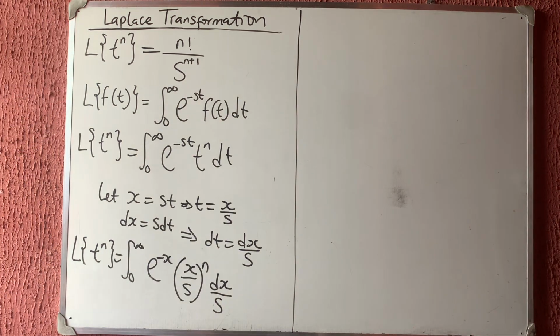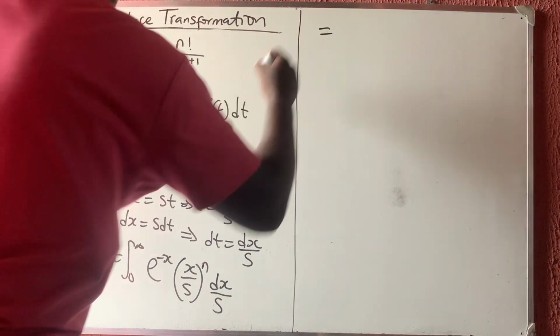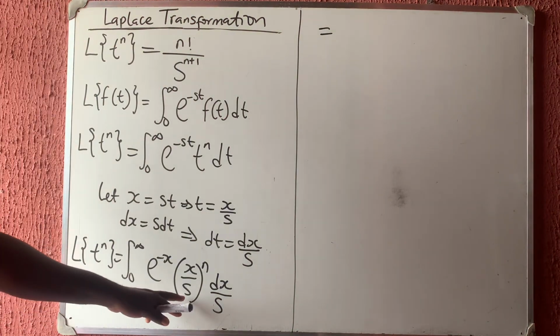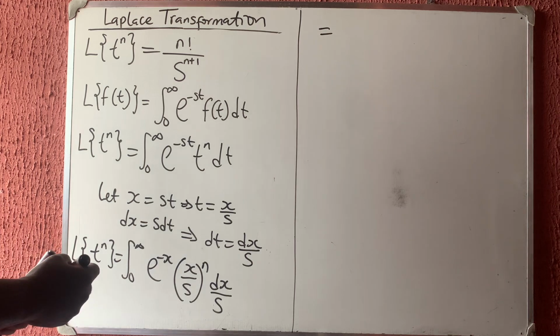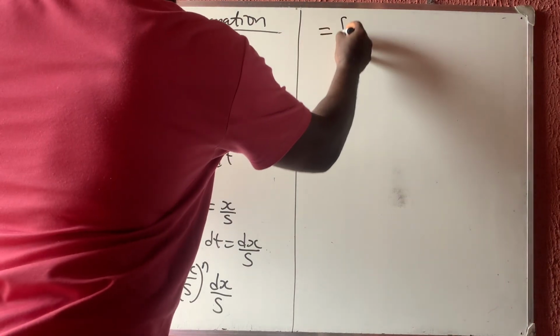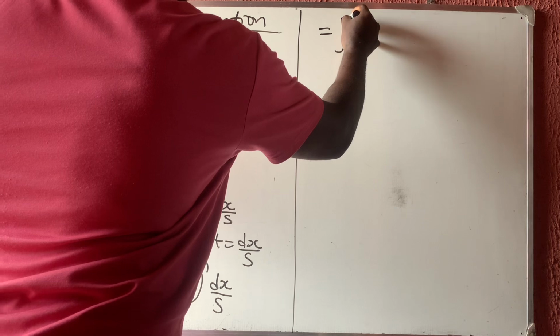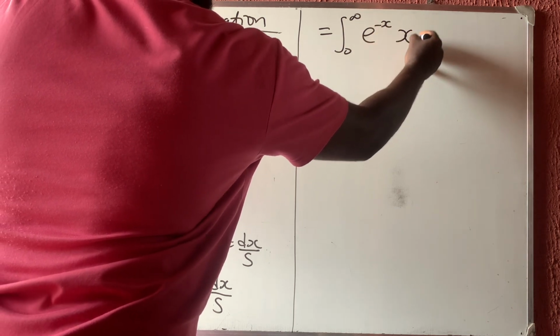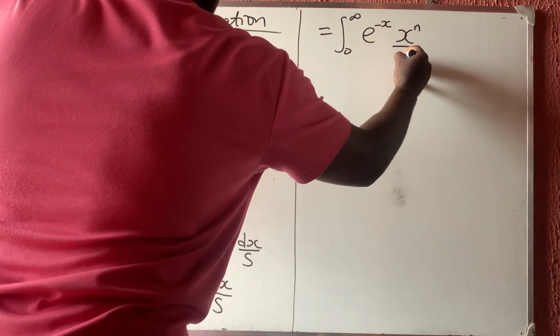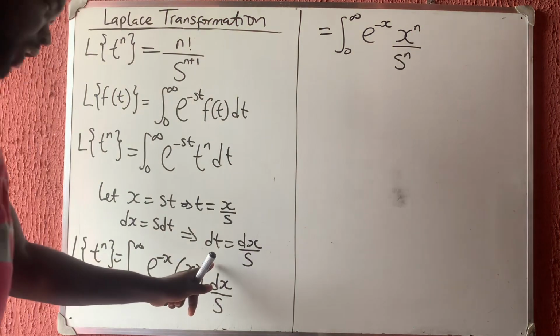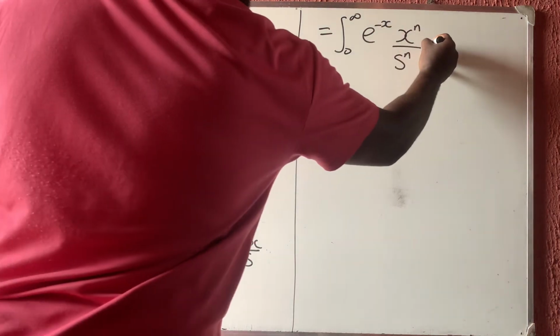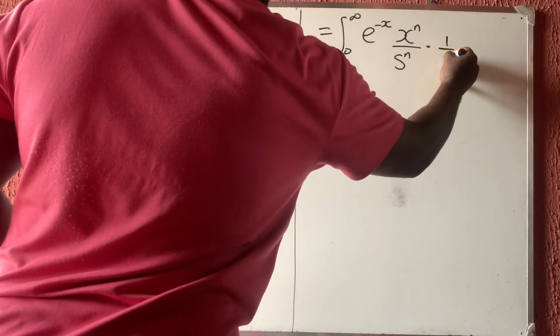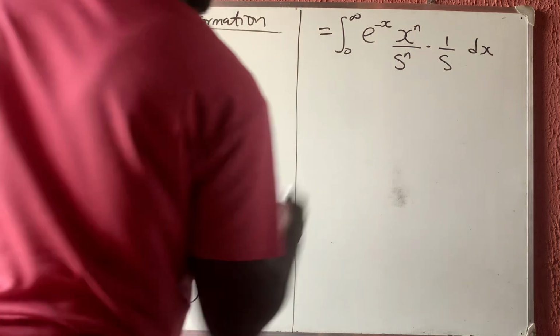Now if I bring out all the constants, this is the integral from 0 to infinity of e raised to power minus x, then x raised to power n over s raised to power n, multiplied by 1 over s, with the s staying on its own.